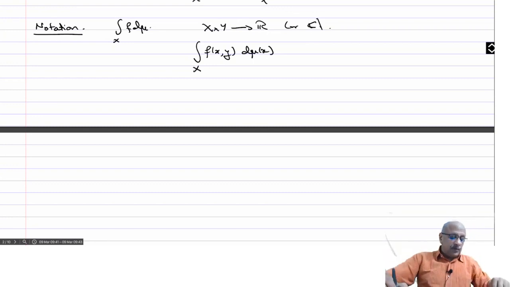So now we can prove in full generality the linearity of the Lebesgue integral, which is the most important property.